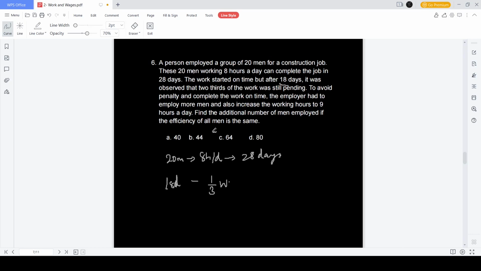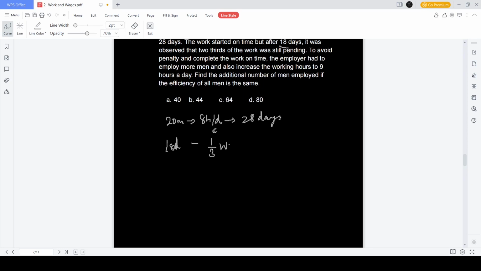So how we find this out is, if one third of the work is achieved by 20 men into the number of hours they work, into 8, into the number of days they work for, that is 18. This is one equation.